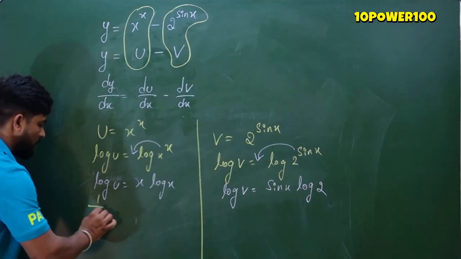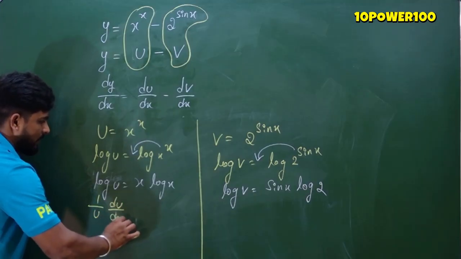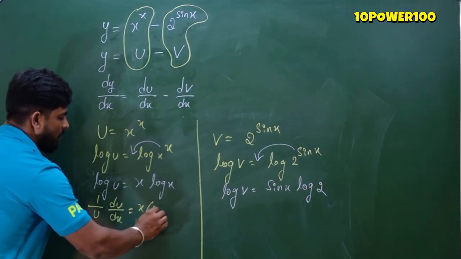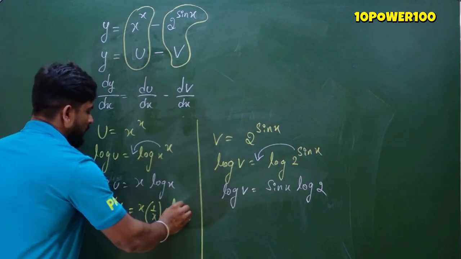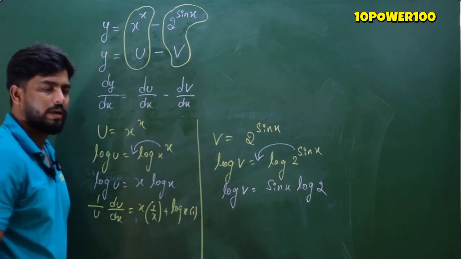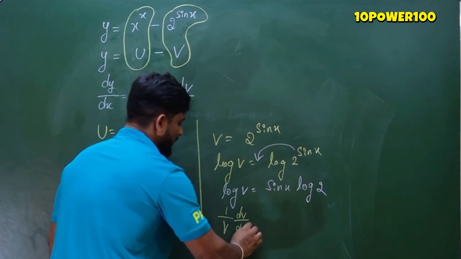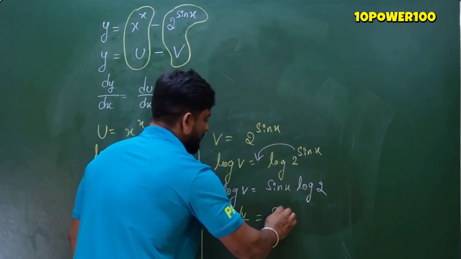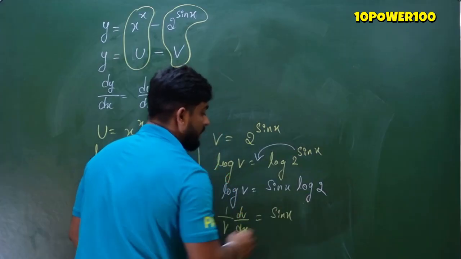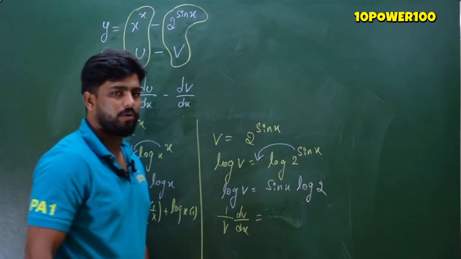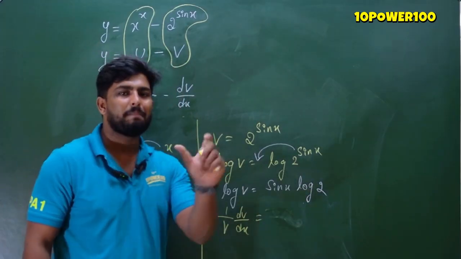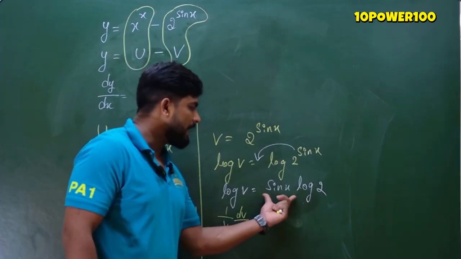So 1 by u into du by dx is equal to product rule: x into 1 by x plus log x into x differentiation, which is 1. And here, 1 by v into dv by dx is equal to sin x I'll keep as it is, log 2. Here you don't use product rule, because log 2 is a number and only sin x is a function.